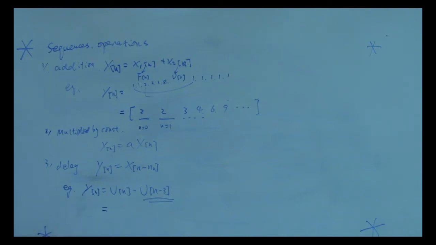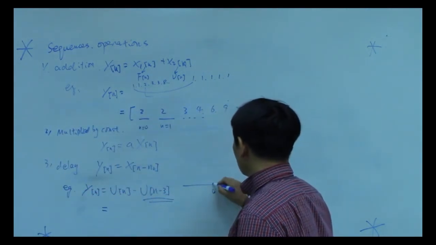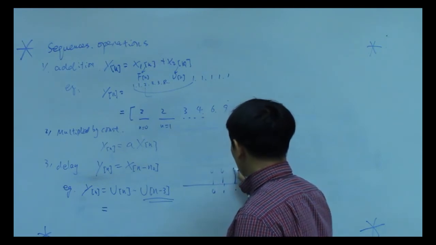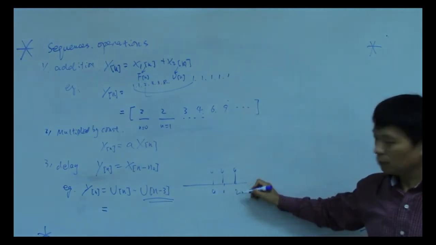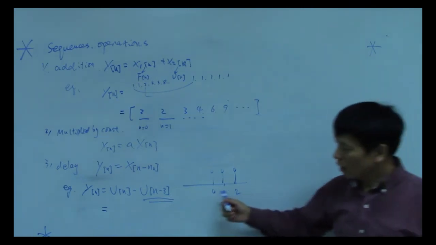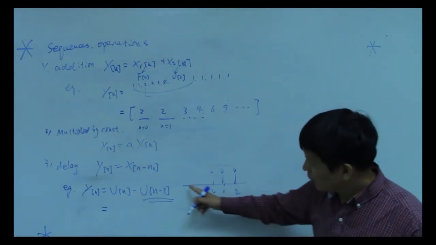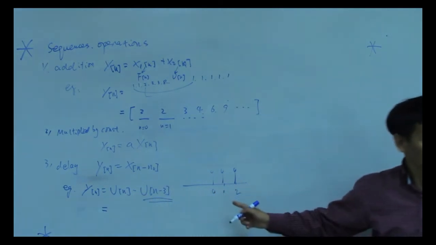What's the first? Okay, let me help you see this. So this one is 0, 1, 2. Is this the output of this? Yes or no? That is an impulse.